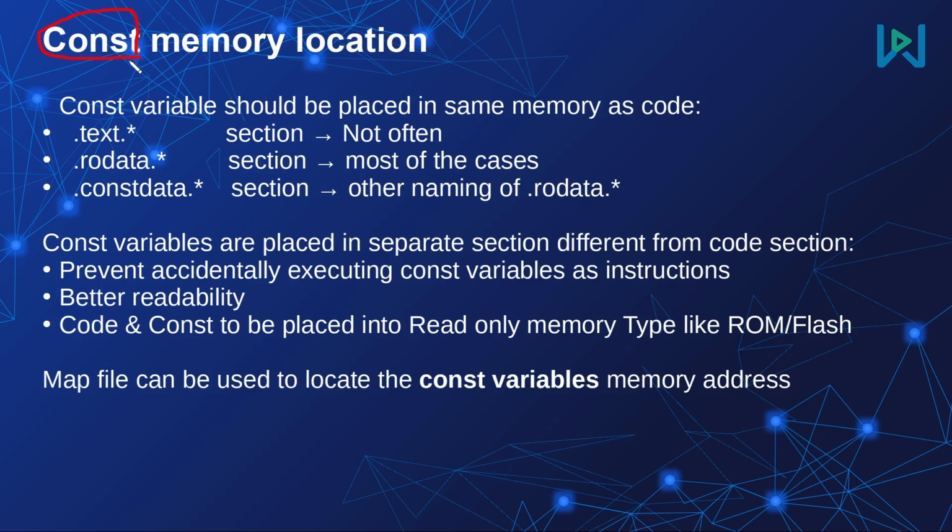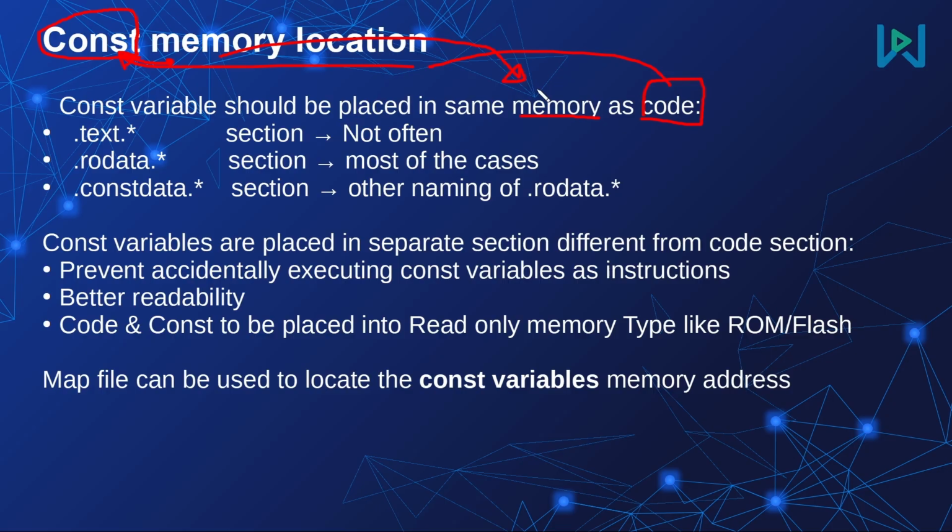Now, if we have declared a const variable, then most of the time our const variables must be located in the same memory as our code. This is due to the fact that our code in most of the time will require direct access to those const, and hence having those const located close to our code will facilitate this access and will optimize the access time to those const from our code area.